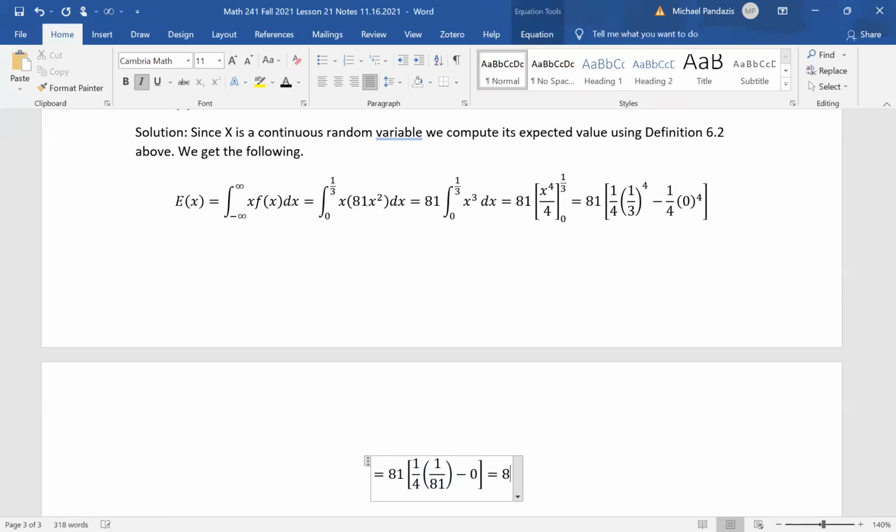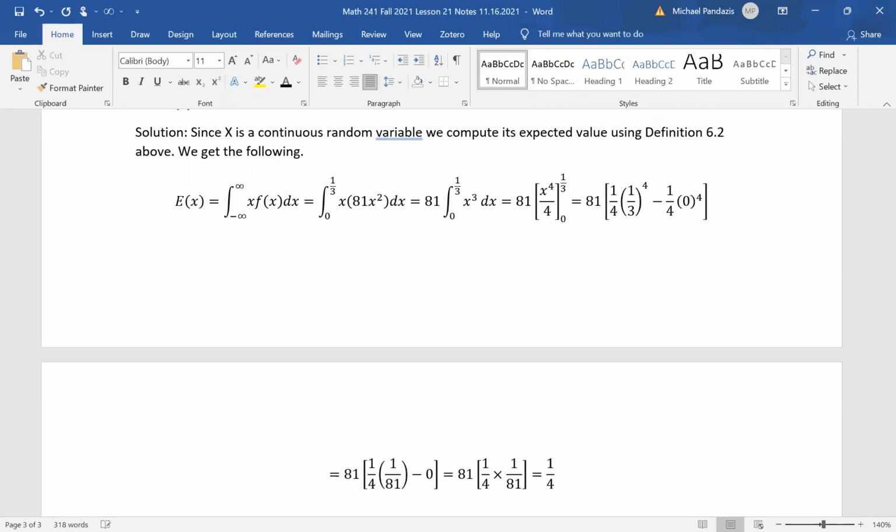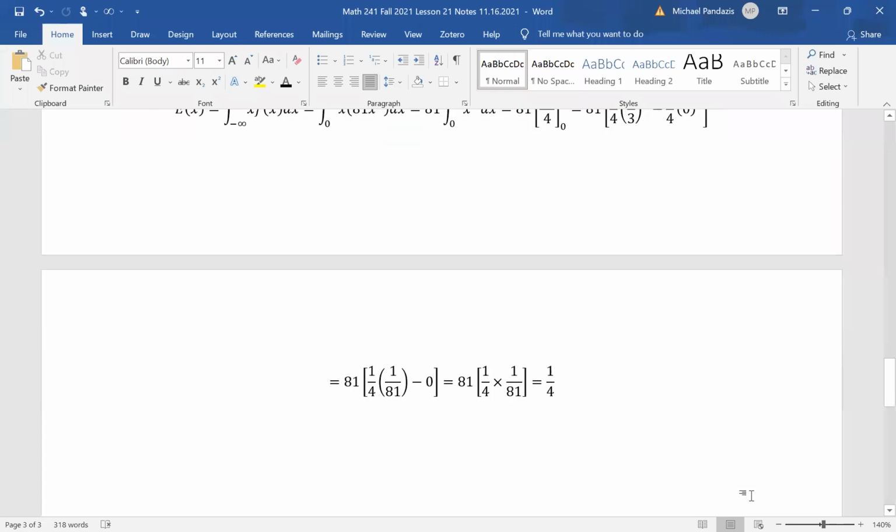So this is 81 times 1/4 times 1 over 81. The 81s cancel, and you're left with 1/4. So the expected value of X in this example is 1/4 by definition 6.2, the definition of the expected value of a continuous random variable.